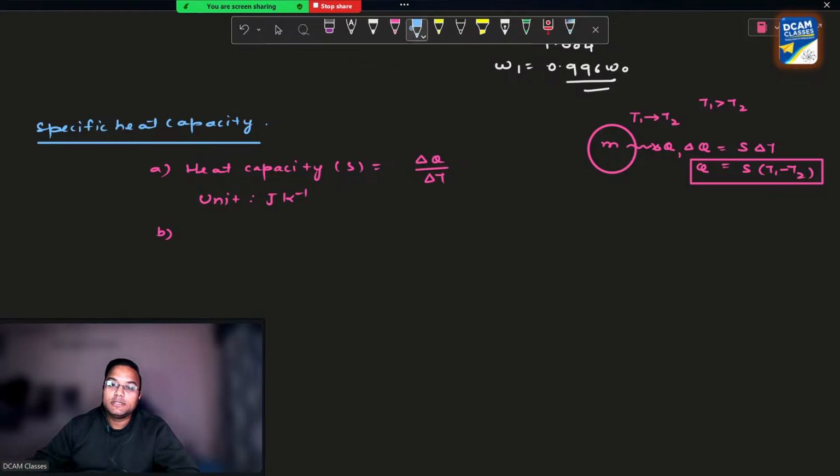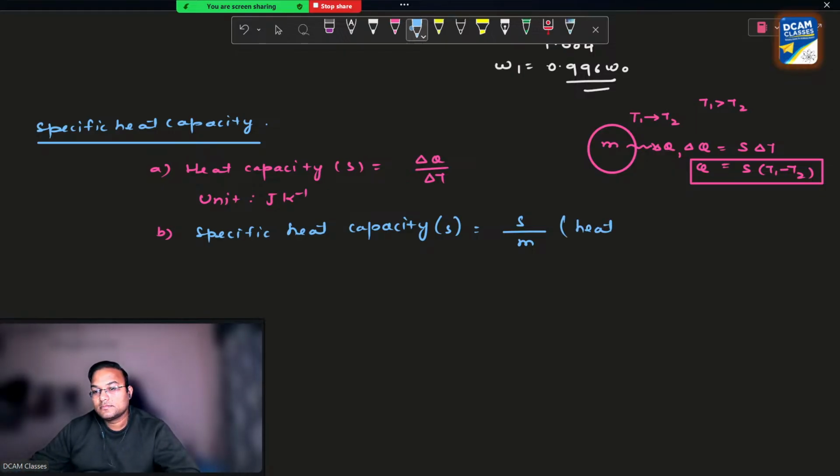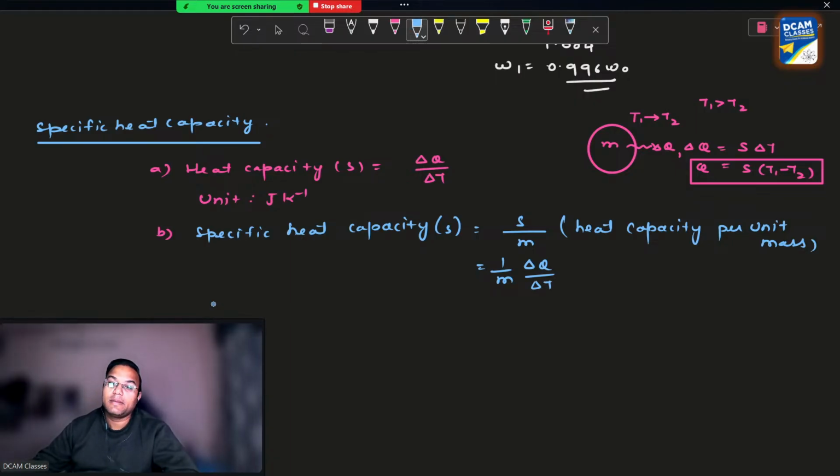Now, the second concept is specific heat capacity, this small s. Specific heat capacity means heat capacity divided by mass m. But remember, it is small s.